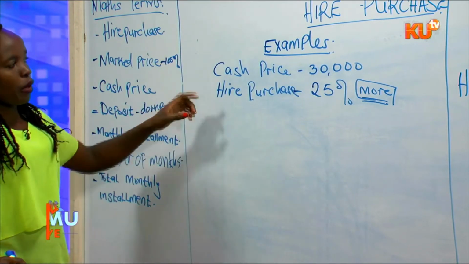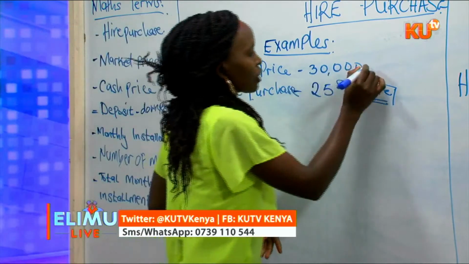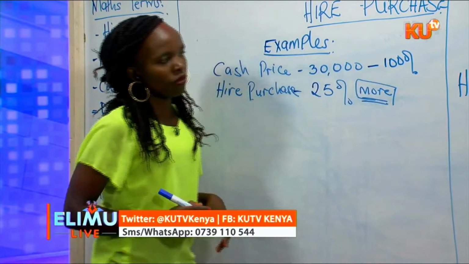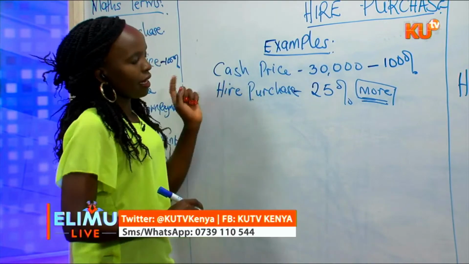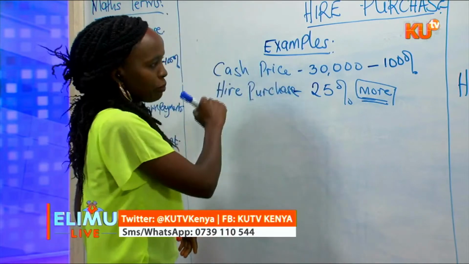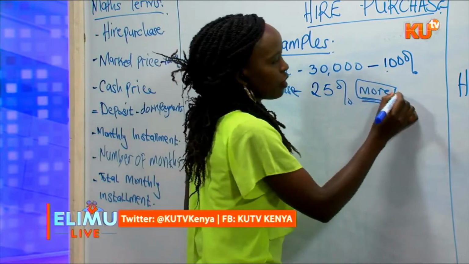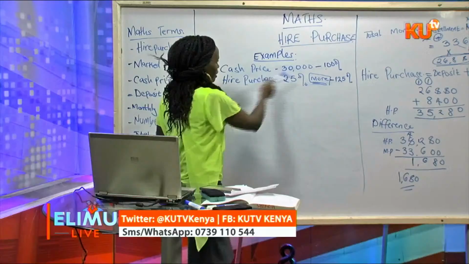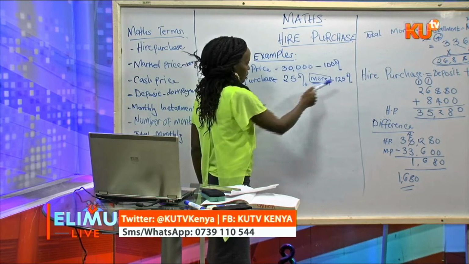In our case, we are comparing the cash price and the hire purchase. So we assume that our cash price is 100% because we are comparing the two. If the hire purchase is 25% more than the cash price, it means that it is 25% above the cash price. You take 100 plus 25, we get 125%. So if the cash price is 100%, the hire purchase is 125%.